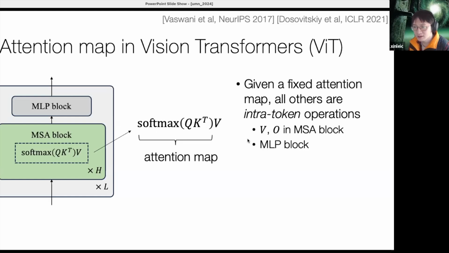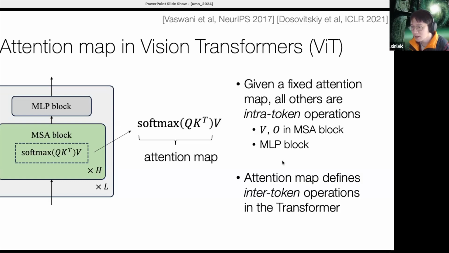I want to say that given a fixed attention map, all other operations inside the network are intra-token operations. So this includes the V operation, the O operation in the same block, and all the MLP blocks. So it's just computing inside each token. And in this way, the attention map actually defines the inter-token operations inside the transformer.